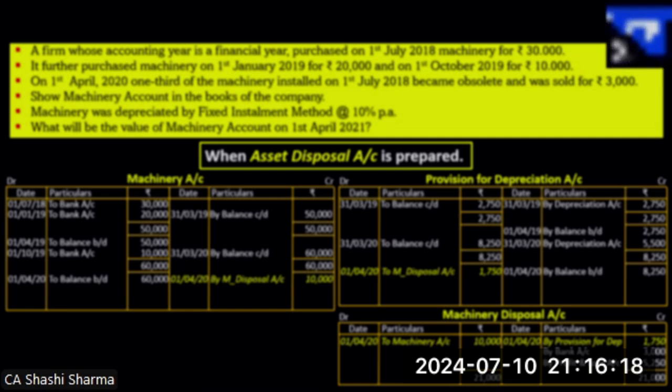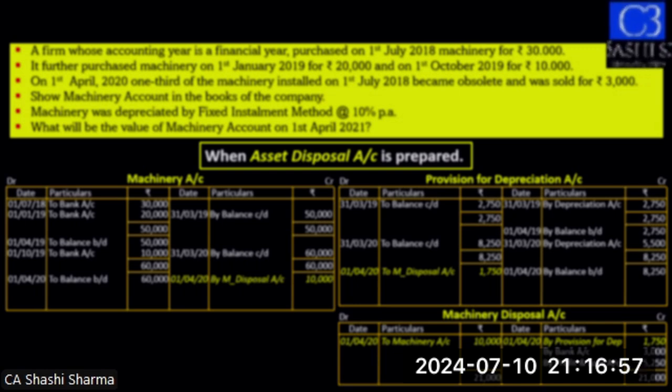Now the method of calculation of amount of depreciation. In this question, the amount of depreciation was calculated by the straight line method. And what if the question had asked us to follow the written down value method? Then all the journal entries and the preparation of these accounts will be done exactly in the same way.